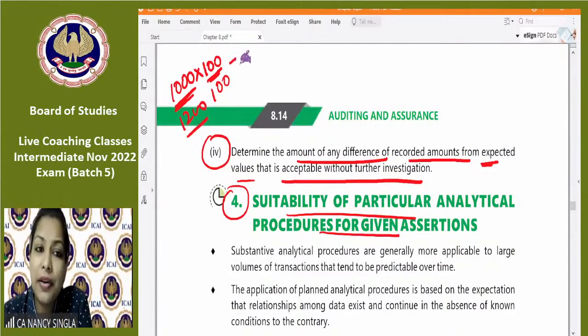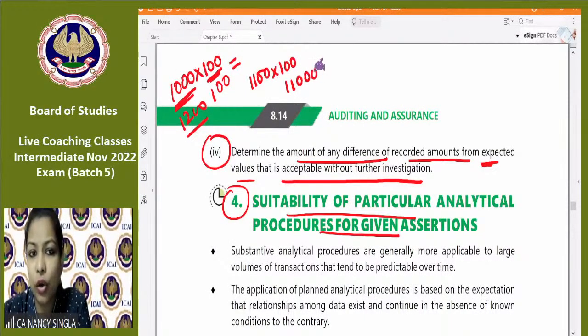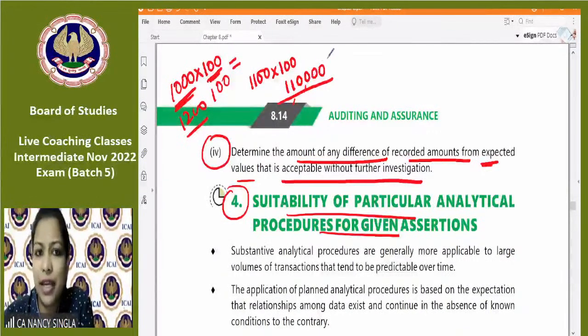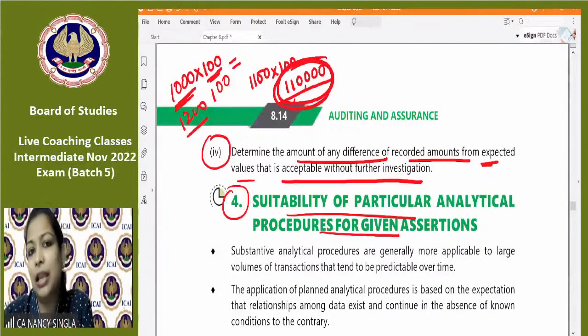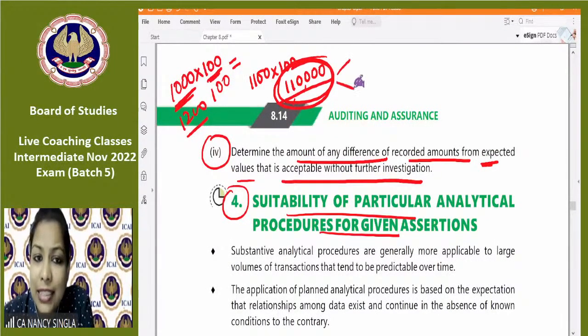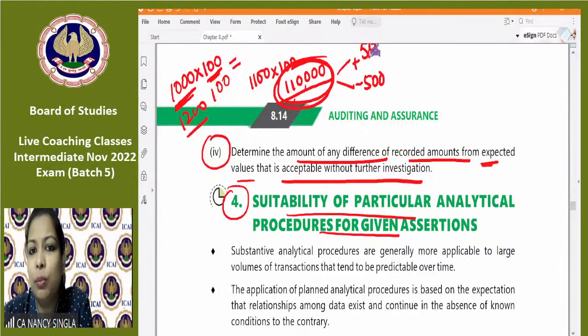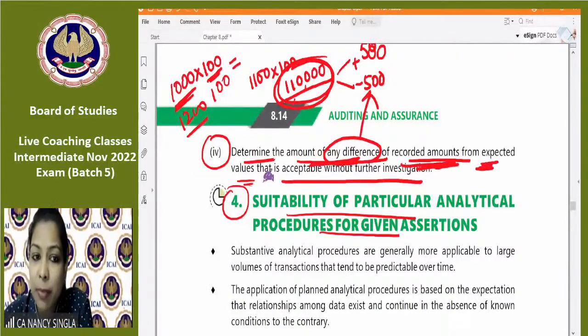So ऑडिटर ने यहाँ रीजनेबलनेस टेस्ट लगाया एंड ही टुक एन एवरेज कि ठीक है, अगर मेरा जो कैलकुलेशन है सैलरी का कंपनी का नियर अराउंड 1,10,000 आता है, इट इज फाइन. सो दिस इज व्हाट एन डेवलपिंग एन एक्सपेक्टेशन. एंड ही सेज दैट अगर इसमें 500 प्लस माइनस आता है, दैट इज ऑल्सो एक्सेप्टेबल टू मी. So see, determine the amount of any difference, 500, of recorded amounts from expected values, that is acceptable without further investigation.